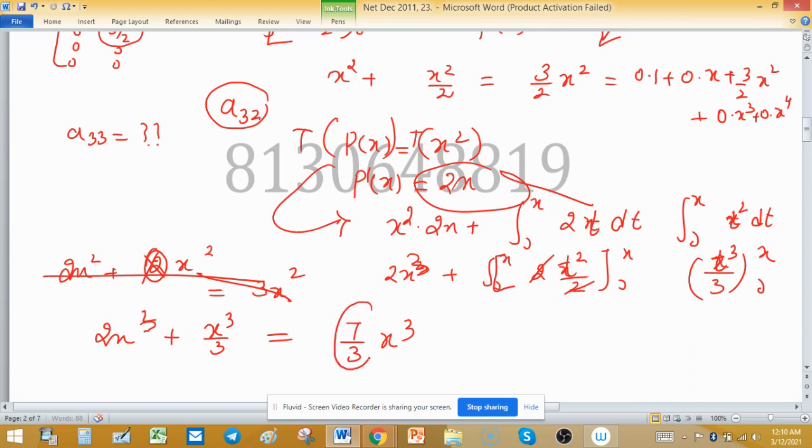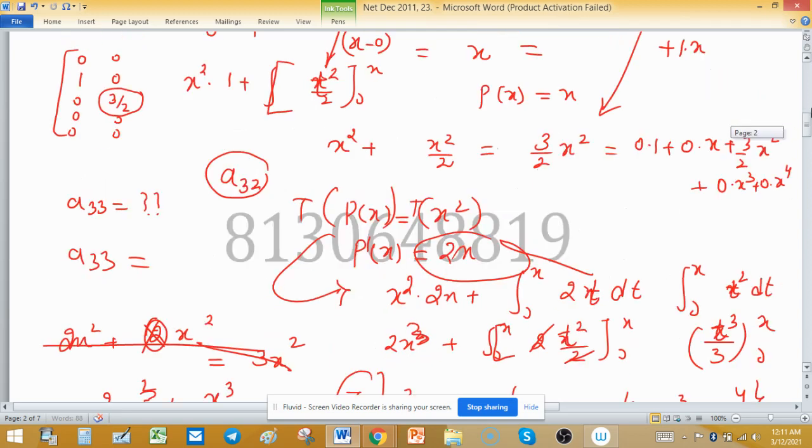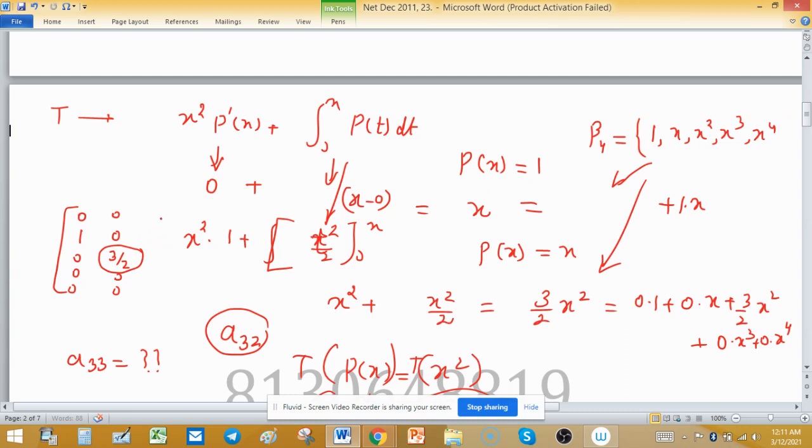7 upon 3 x cube means, if you write it as a linear combination of 1, x, x square, x cube and x raised to the power 4, the coefficient of x cube is 7 by 3. But we are seeking A33, which is the x square entry, and that will be 0 in this one, so 0, 0, 0.